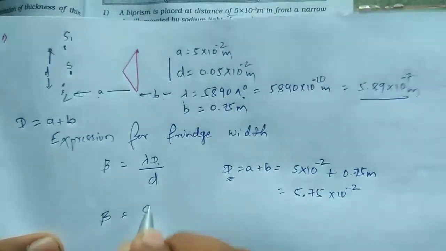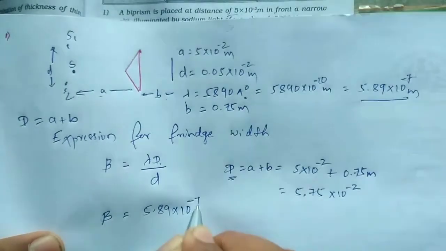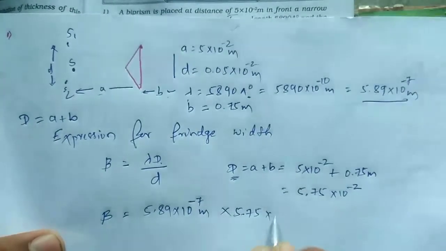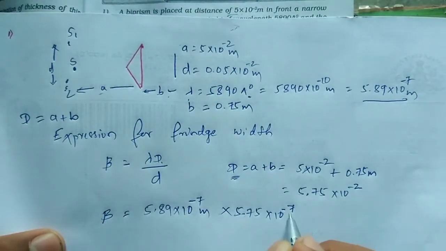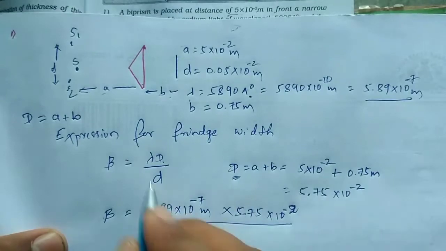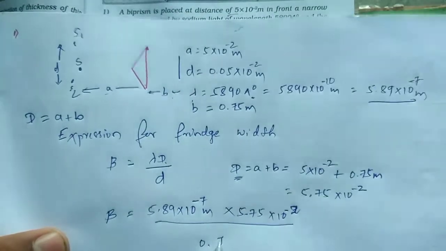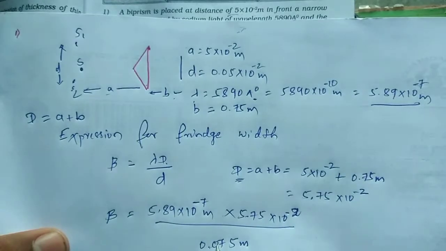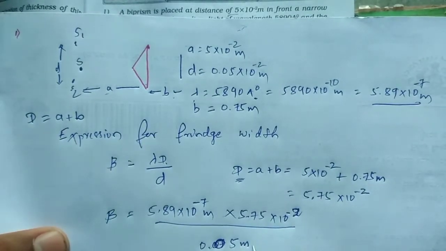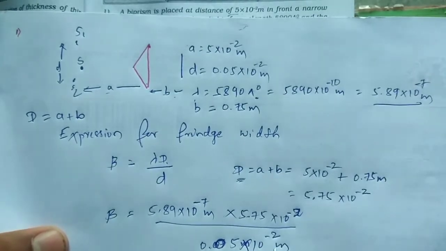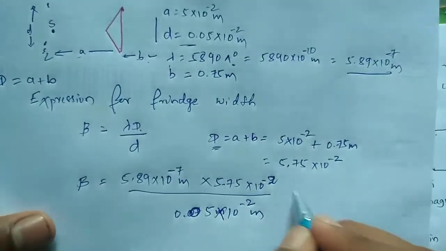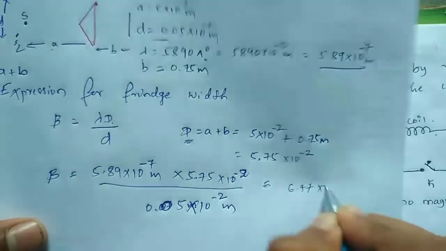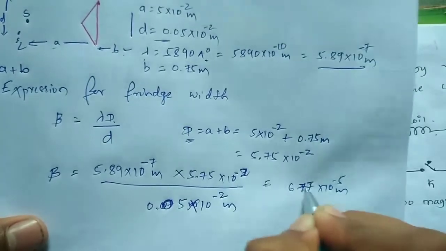Put the lambda value here, 5.89 × 10^-7 meter, and the D value is 5.75 × 10^-2, divided by the small d value, 0.05 × 10^-2 meter. Substitute these values, and I think you get nearly 6.77 × 10^-5 meter.